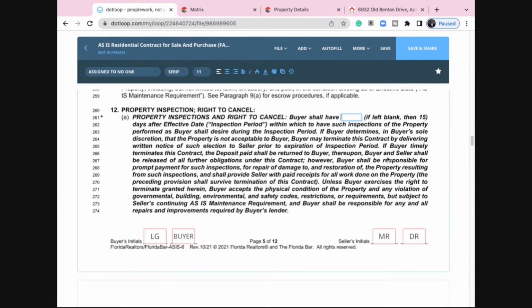If buyer timely terminates this contract, the escrow deposit paid shall be returned to the buyer.